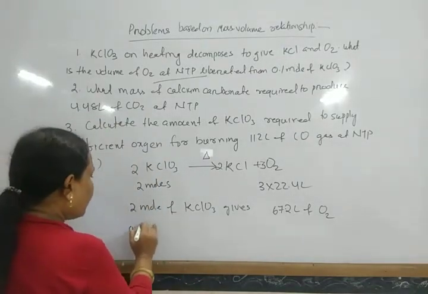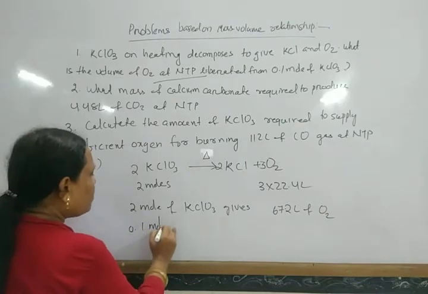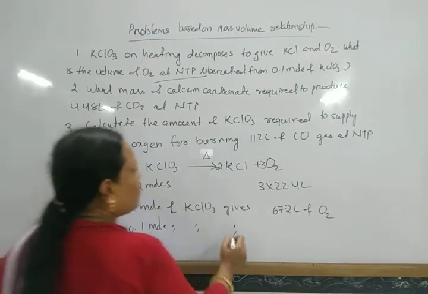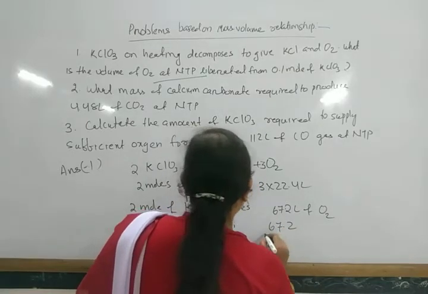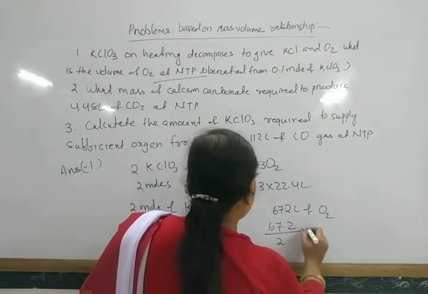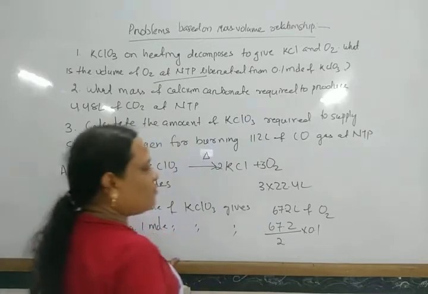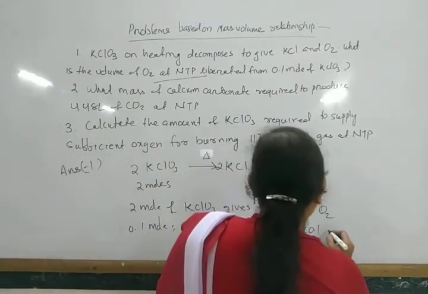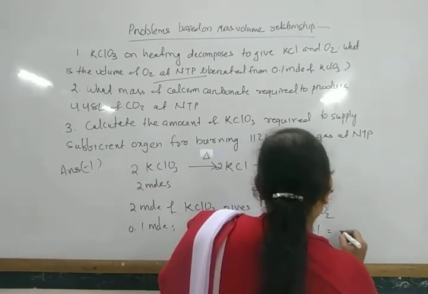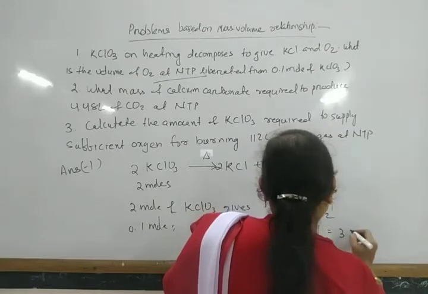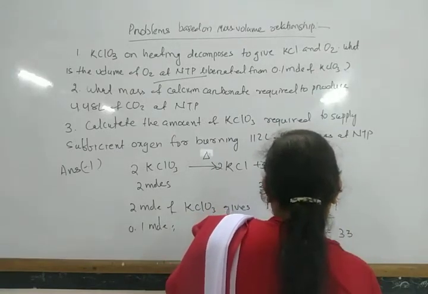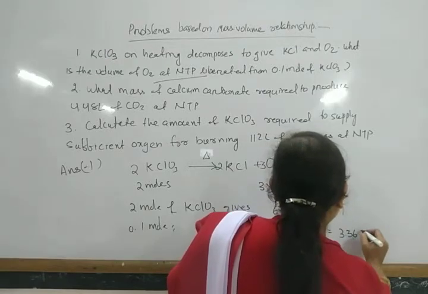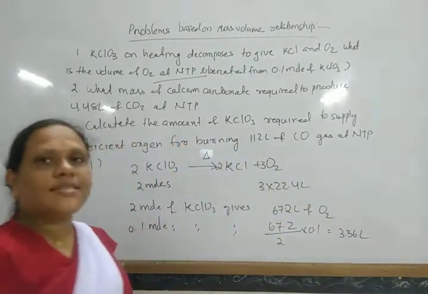Then 0.1 mole of potassium chlorate gives 67.2 divided by 2 into 0.1, that is equal to 3.36 liter.